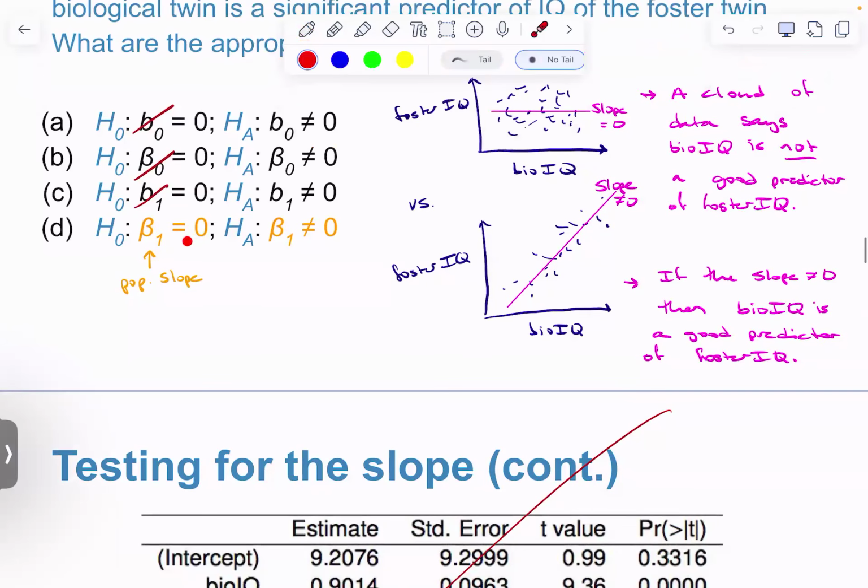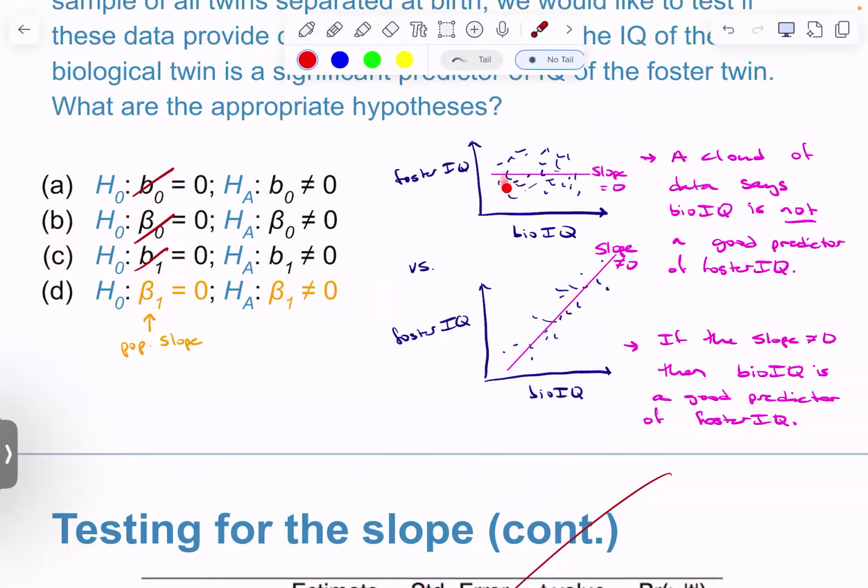You have to assume it is 0 until you have proof that it's not. Same exact thing that we've been doing with all our hypothesis testing, right? You have to assume that everything's the same, nothing's changed, until you have proof that they are different. So you have to assume that things look like this until your data tells you you're okay to assume that you have some non-zero slope, right? There is some relationship here.